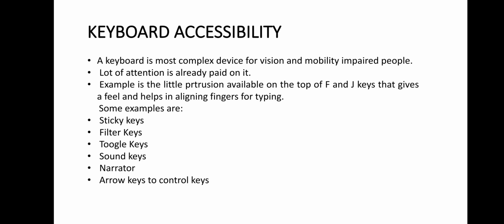Let us talk about the fifth option, that is narrator. Narrator is a utility which gives you audio feedback. For example, it may pronounce an event when it is executed by the user, read out the characters typed, and notify system events by making a differentiated sound, and so on.